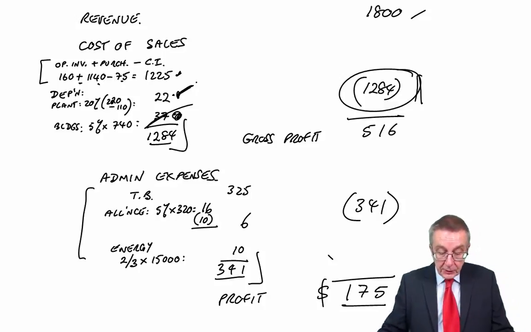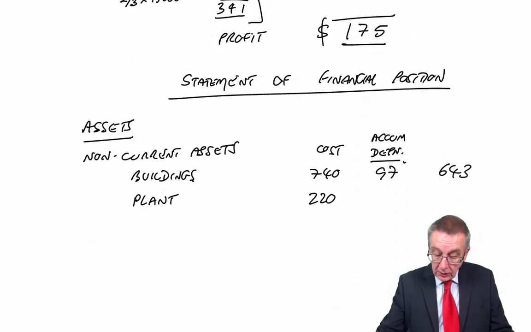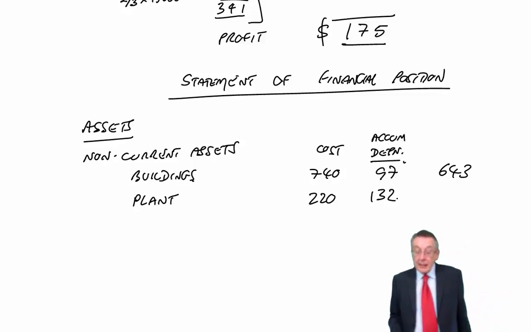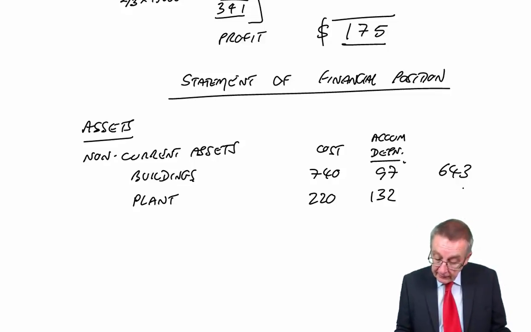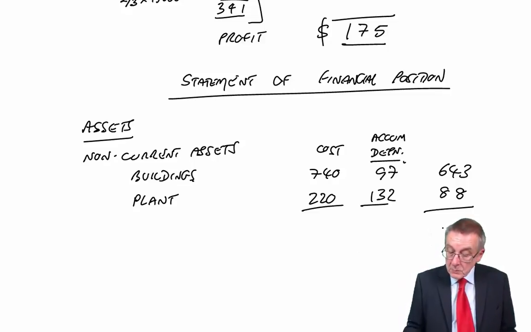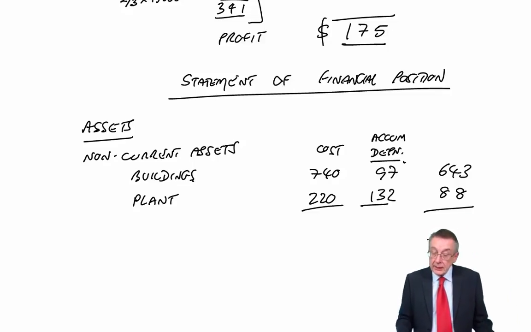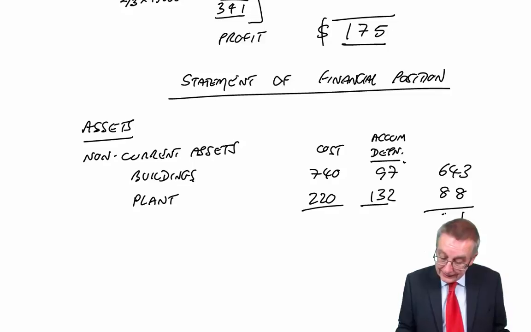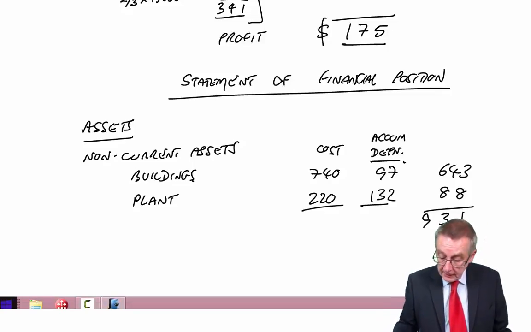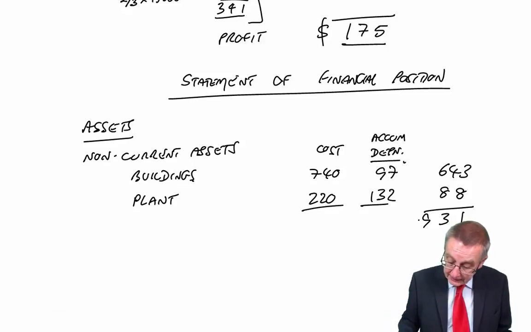So 110 plus 22, in total 132, giving a net book value or a carrying value of 88. And so the total for the non-current assets, 931. Oh dear, my arithmetic, how could that be 9? 731.